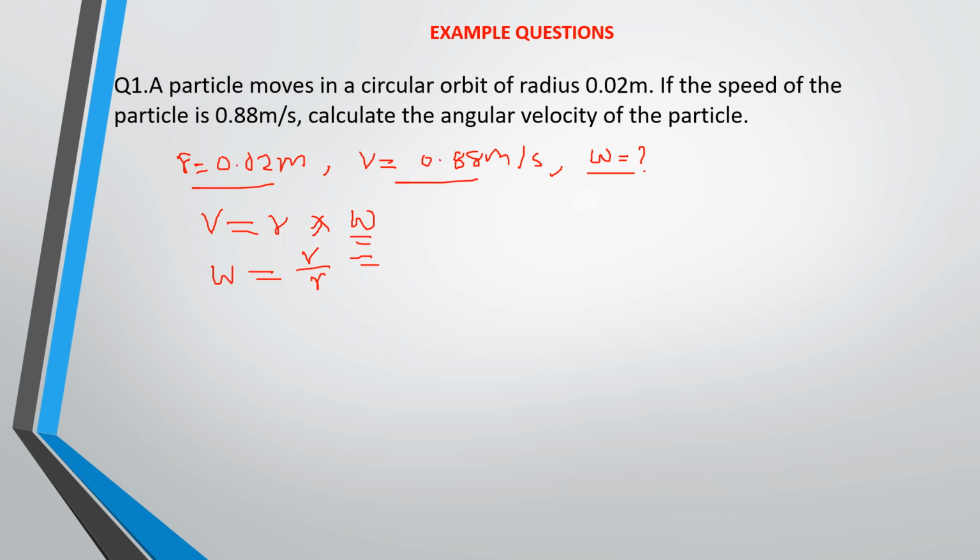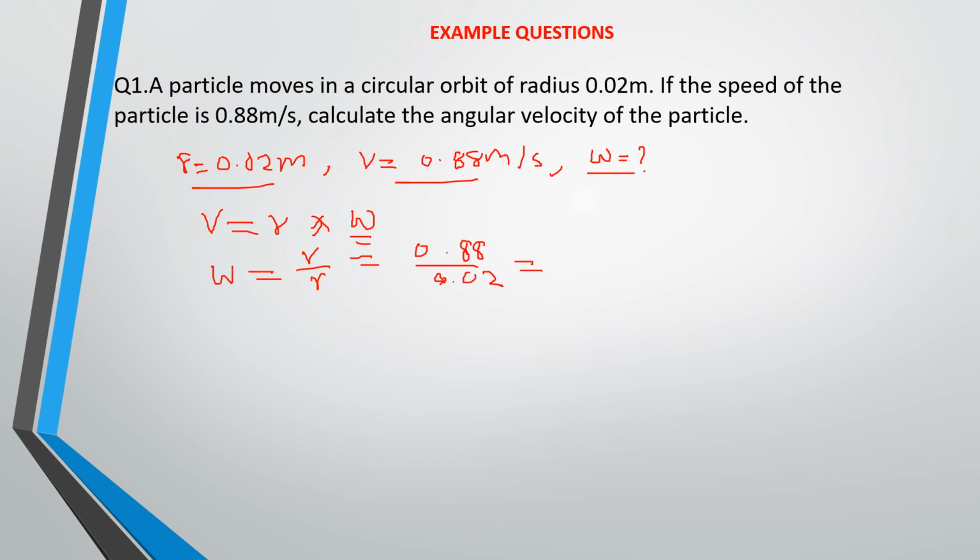Into this equation, you have 0.88 divided by your radius, which is 0.02.